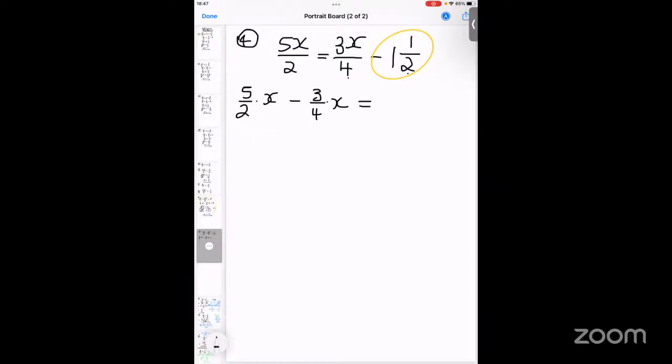Yes. Okay, what will it be? Negative 3 over 2.